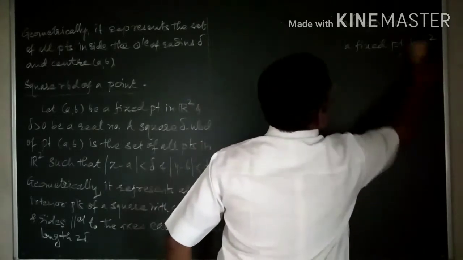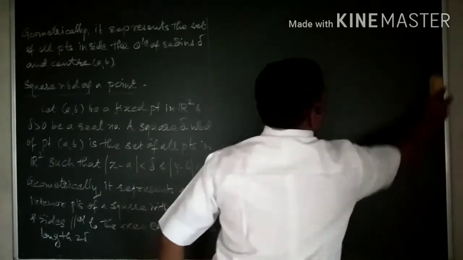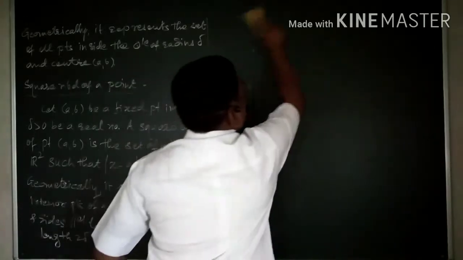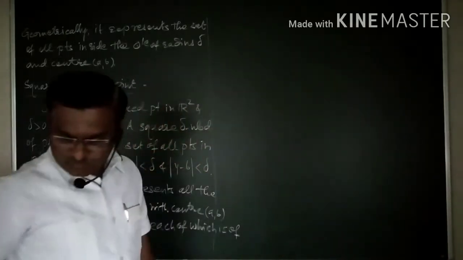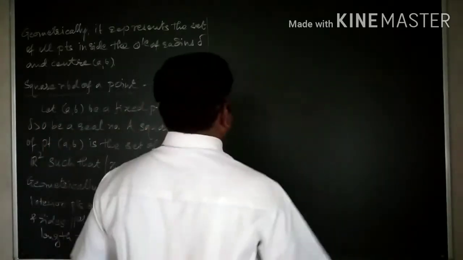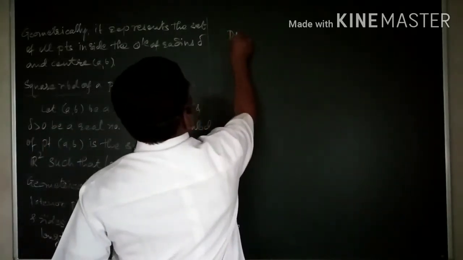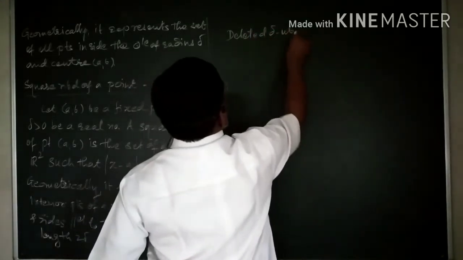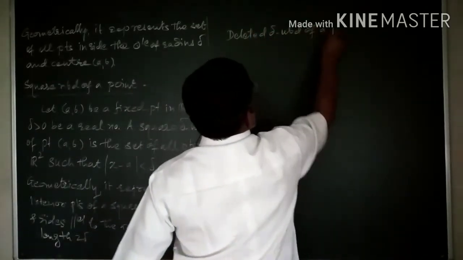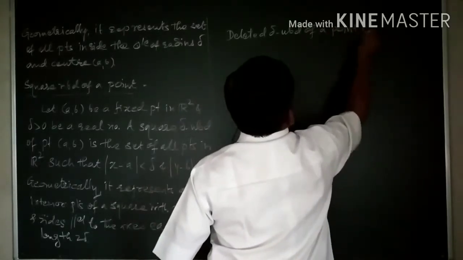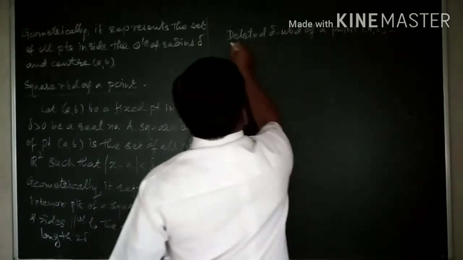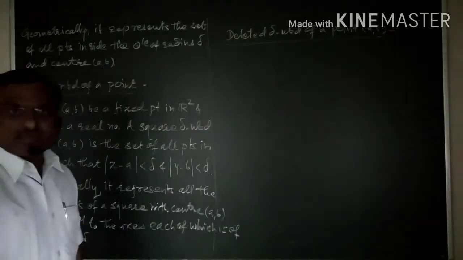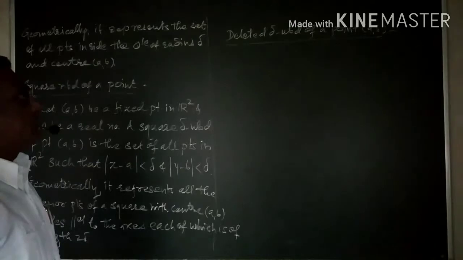Now let us define one more thing in terms of neighborhood, the deleted neighborhood of a point. Let us have the deleted delta neighborhood of a point (a, b), which is useful to define the limit of function of two or more variables.